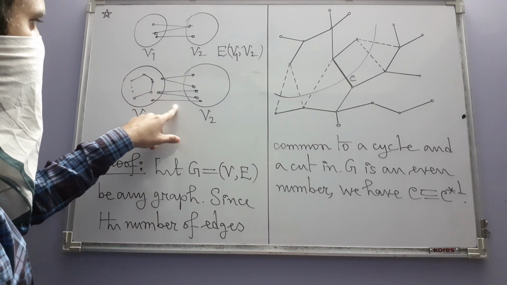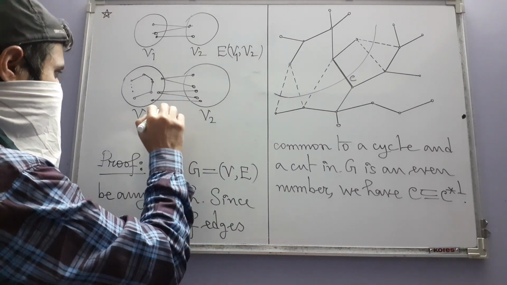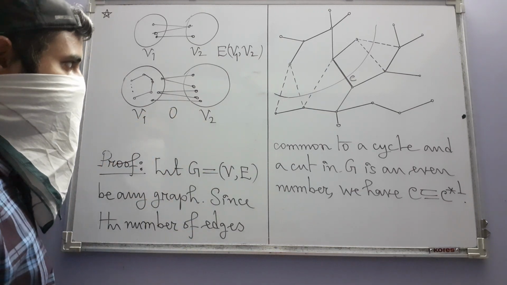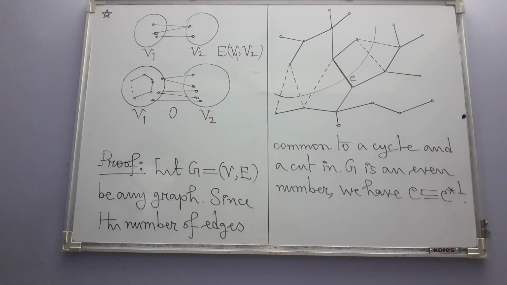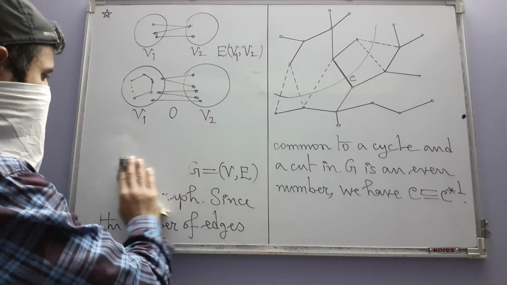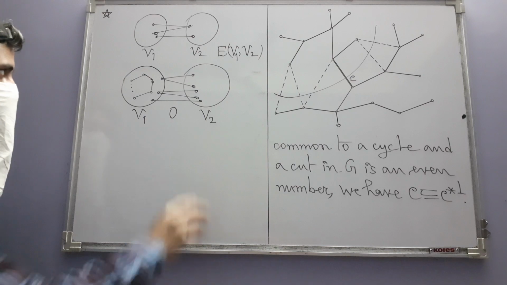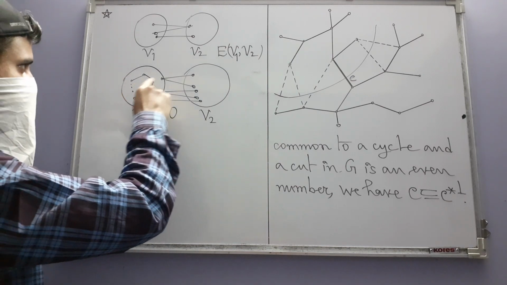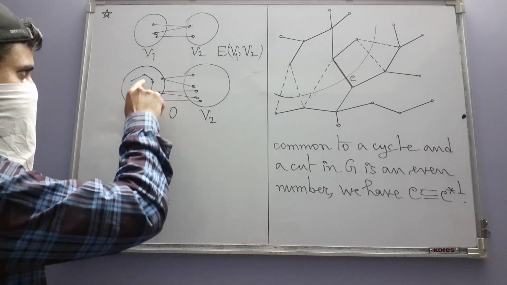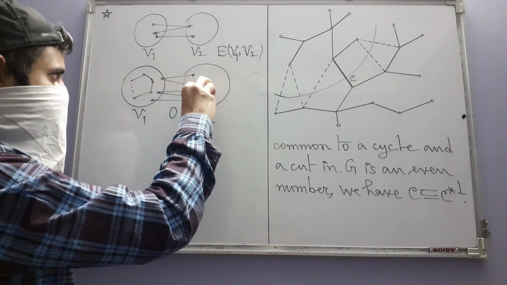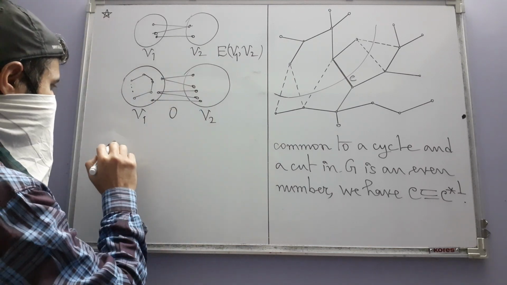That is, the number of edges common to the cycle and the cut is 0. In this case, that common number is 0, but 0 is even. And the other case is that no, that's not the case. That is, some of the vertices in the cycle will lie on this side. Obviously, if the cycle is entirely on this side, that case is exactly similar to this one, so there is no point in looking at that.